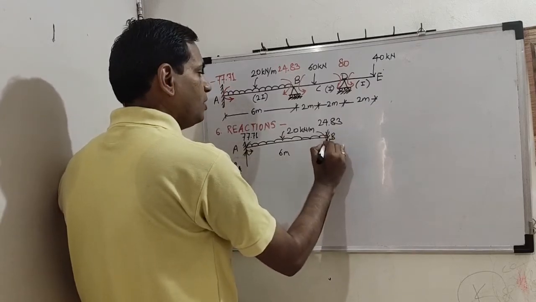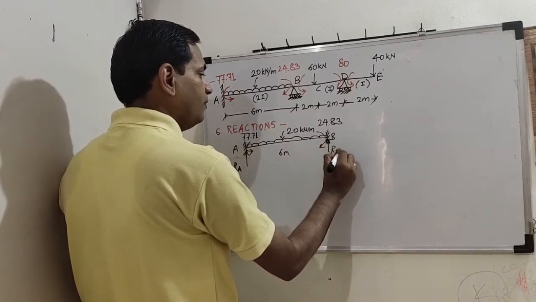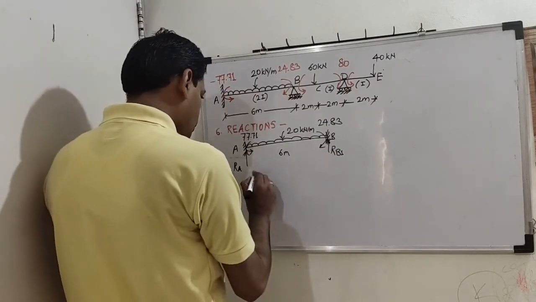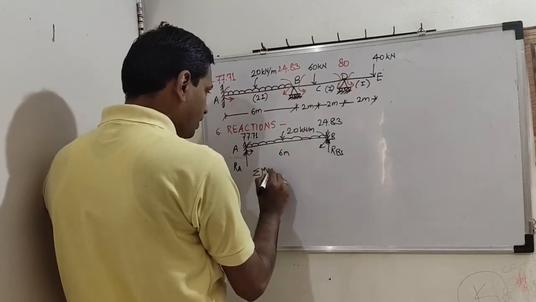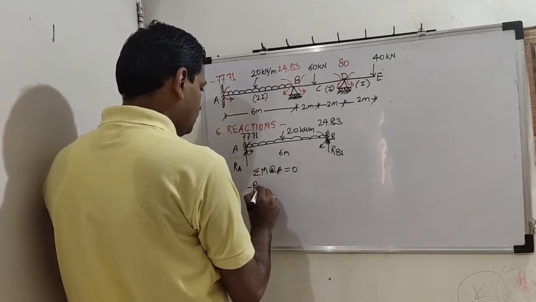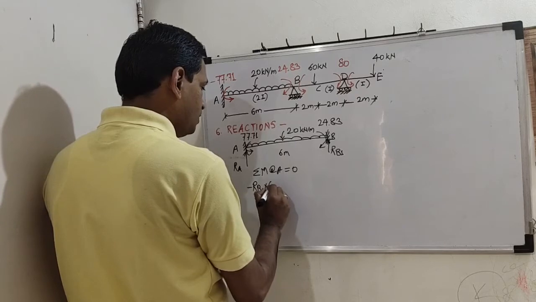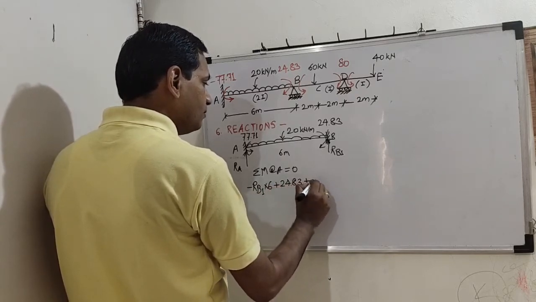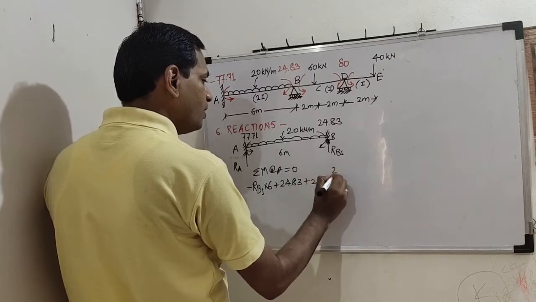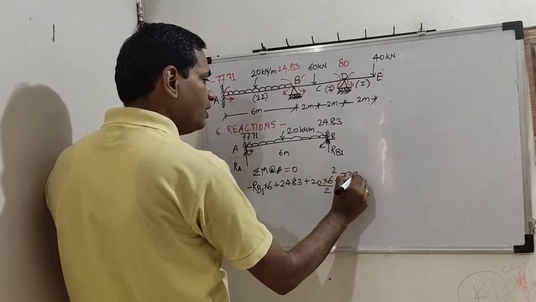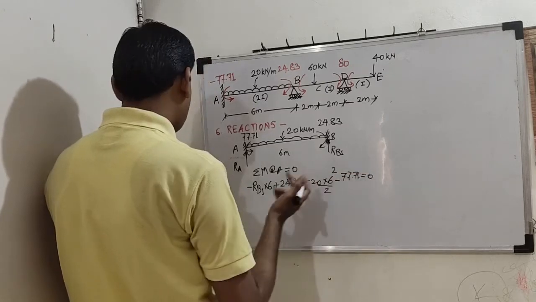this we shall assume as RB1. We'll first of all find RB1 using conditions of equilibrium. So summation of moment about A is equal to 0: minus RB1 into 6 plus 24.83 plus 20 into 6 square by 2 minus 77.71 is equal to 0.